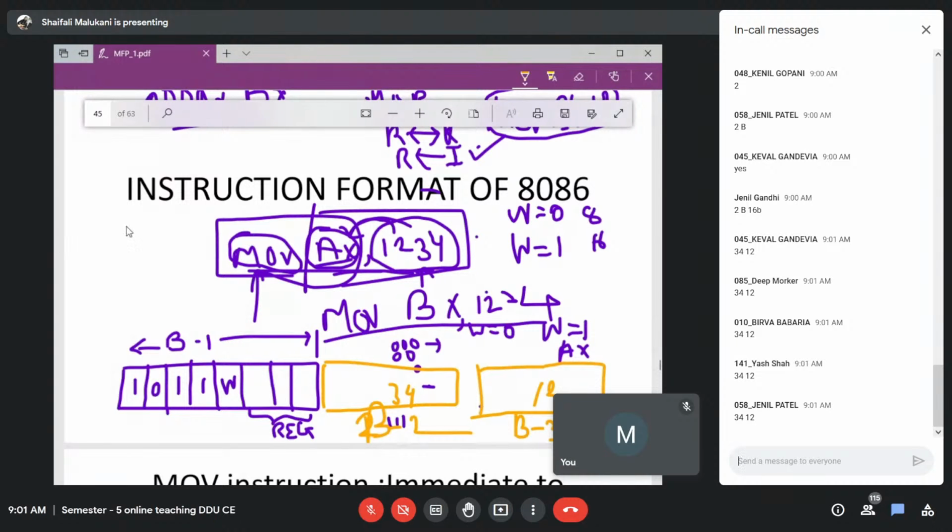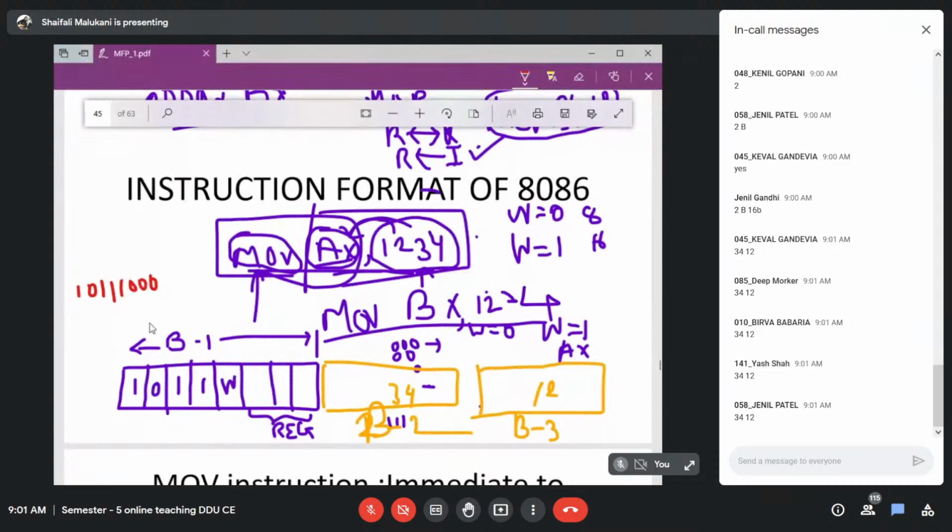So how is this move coded? For that, 1011 is fixed, then W is 1 because of the 16-bit operation. The register was AX, so that is 000, right?